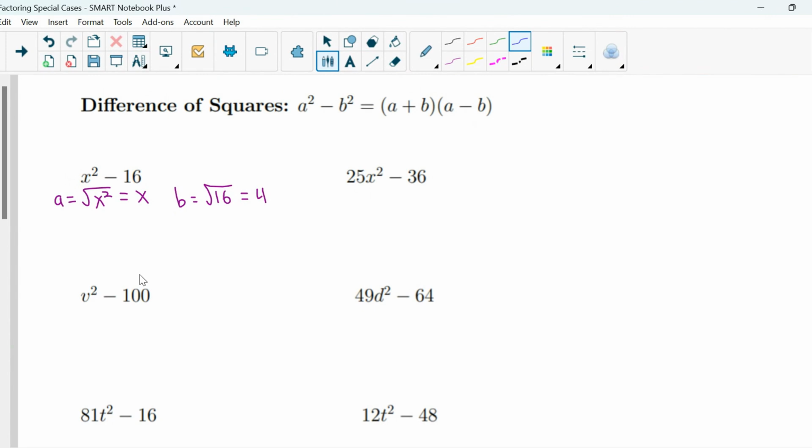That subtraction symbol is telling us that we have a difference of squares. It does not affect your b value. So I can rewrite this as a, which is x, plus b, which is 4, times a, which is x, minus b, which is 4 as well. So I've got x plus 4, x minus 4 as my final answer.